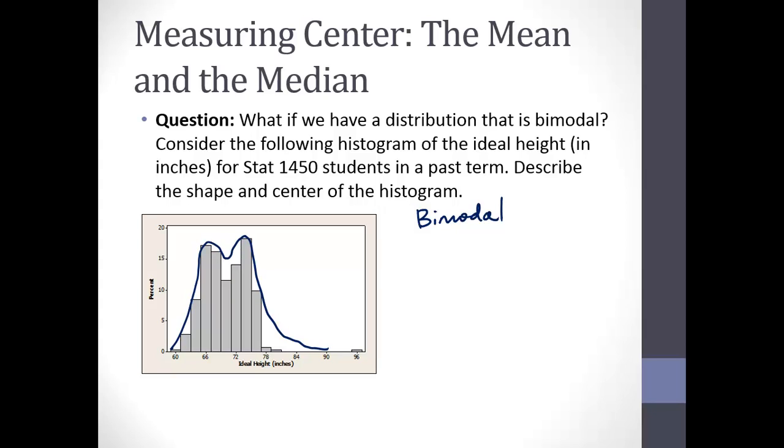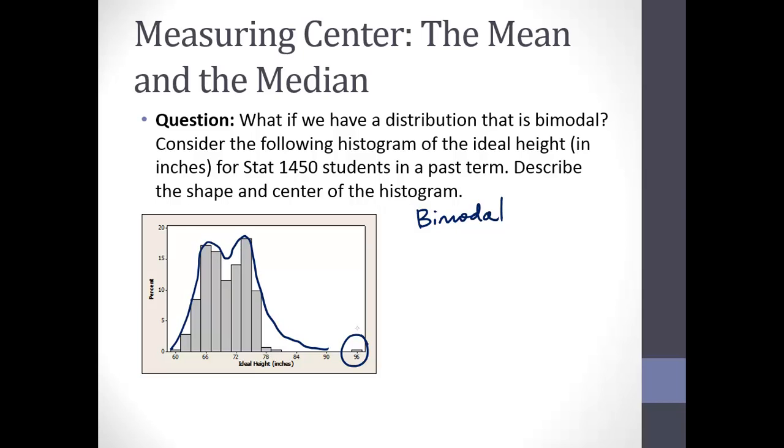Okay, so we have this bimodal distribution, and let me quickly ask you guys, do you see any outliers on this histogram? Pretty obviously, right? We have this strange person out here who has said that their ideal height is 96 inches or 8 feet tall. I'm not sure that I would want to be 8 feet tall, but maybe somebody does.